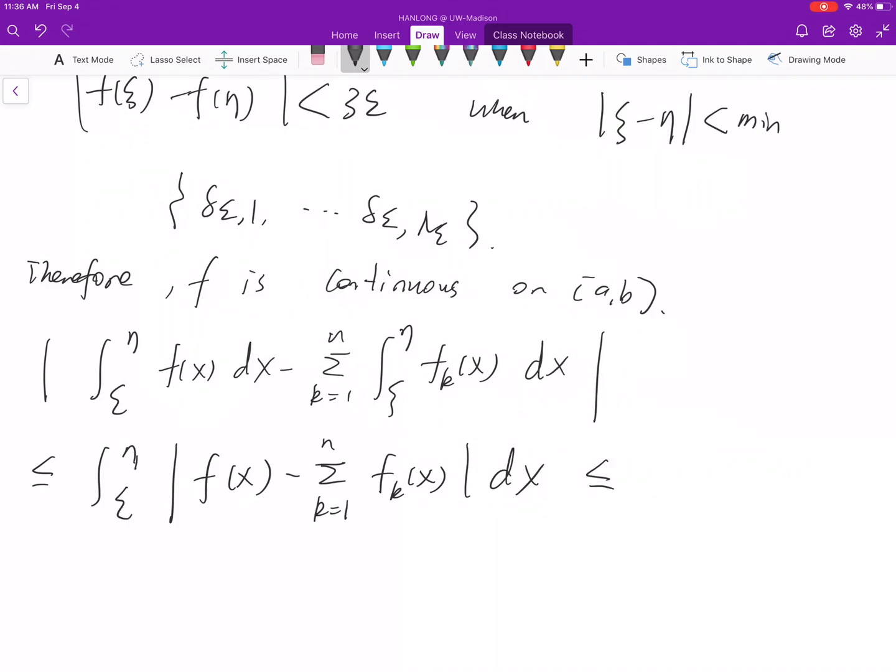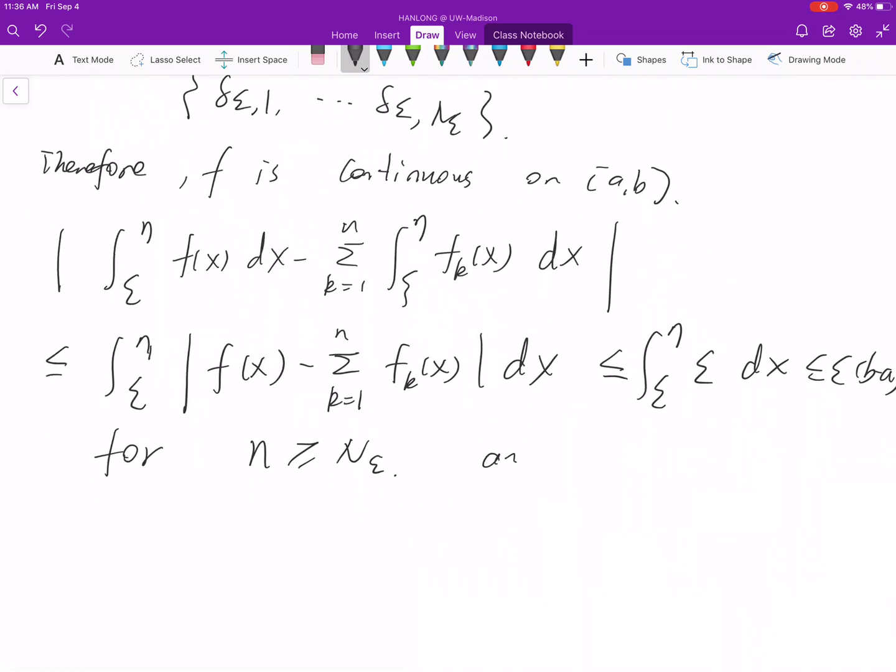Okay, since the sum of fk converges uniformly to f, then you will have this less than the integral of epsilon over the interval. Of course, here you need to assume the small n is greater than or equal to N epsilon, and ξη is a subinterval of AB.